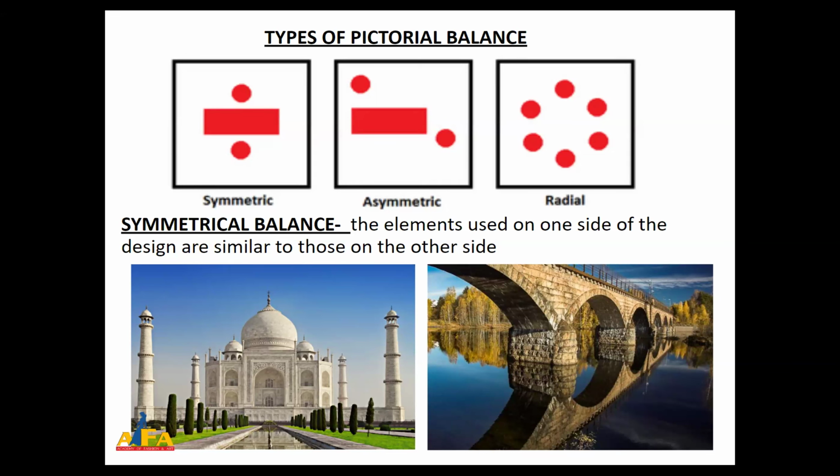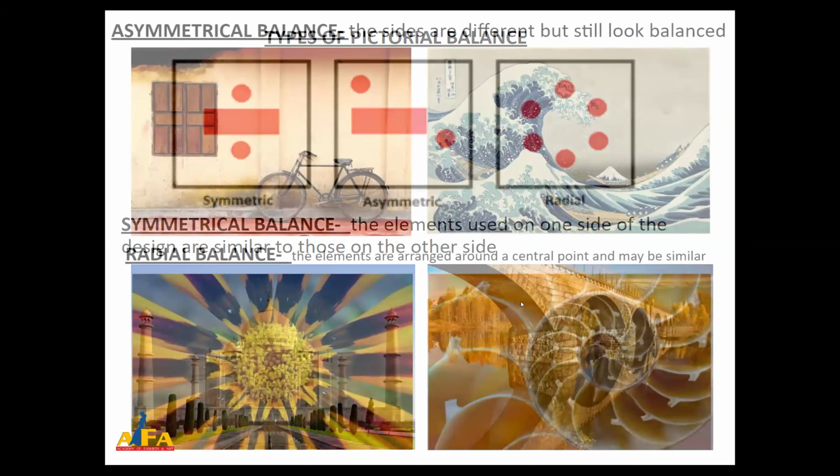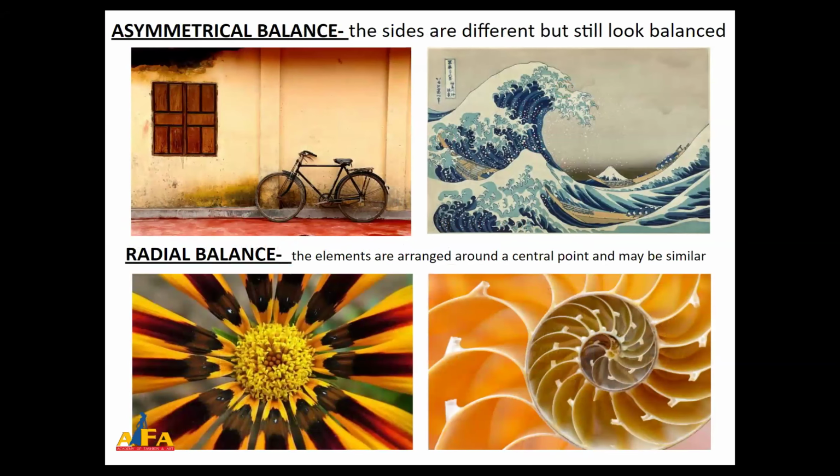And asymmetrical means when my attention is diverted from one side to another side. It is not similar, but I am forced to see from one side to the other side of the artwork. Look at this example.